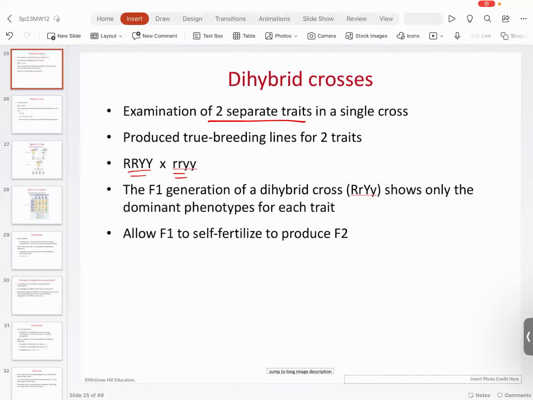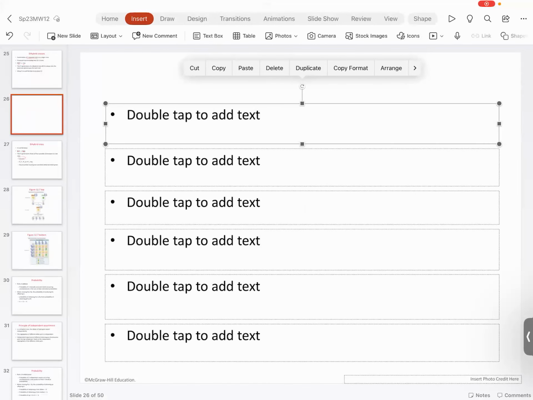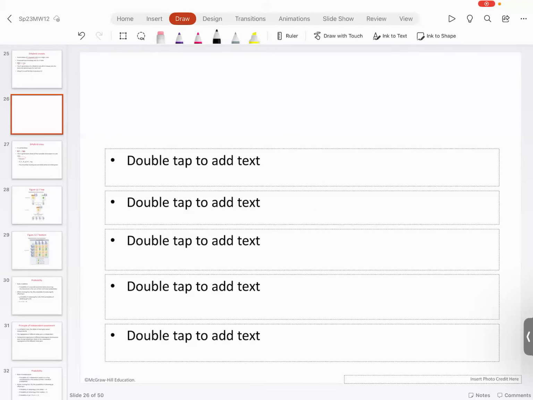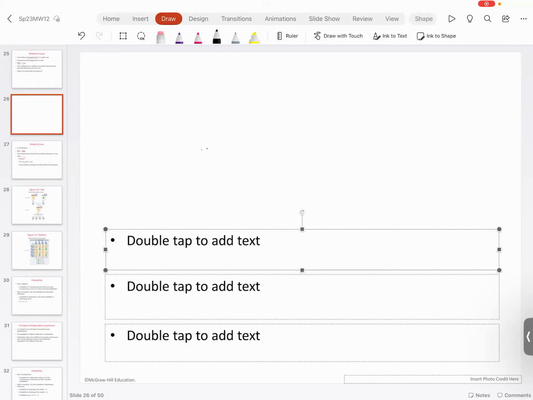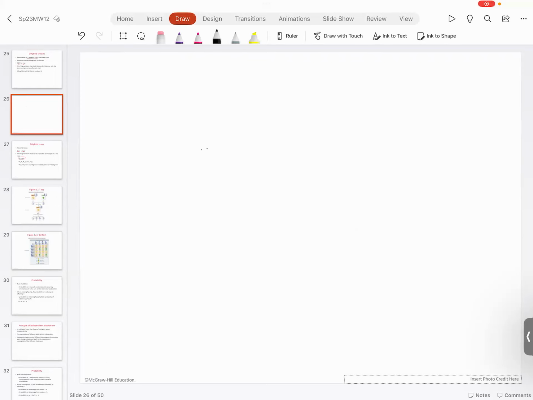I'm going to do another slide. And we're going to do the dihybrid cross.